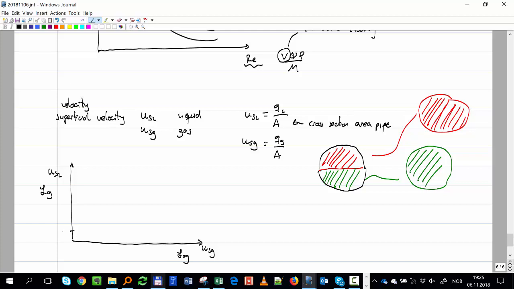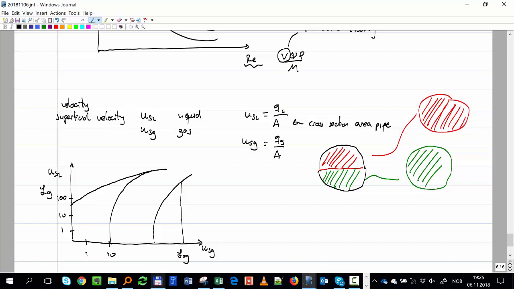That means here we have 1, 10, 100, 1,000, etc. We will see that there are a few very clear regions that I can define.